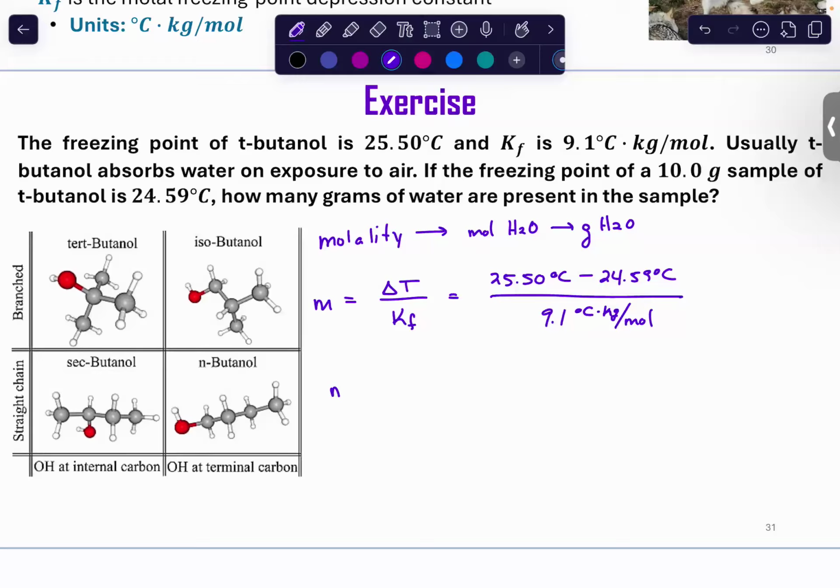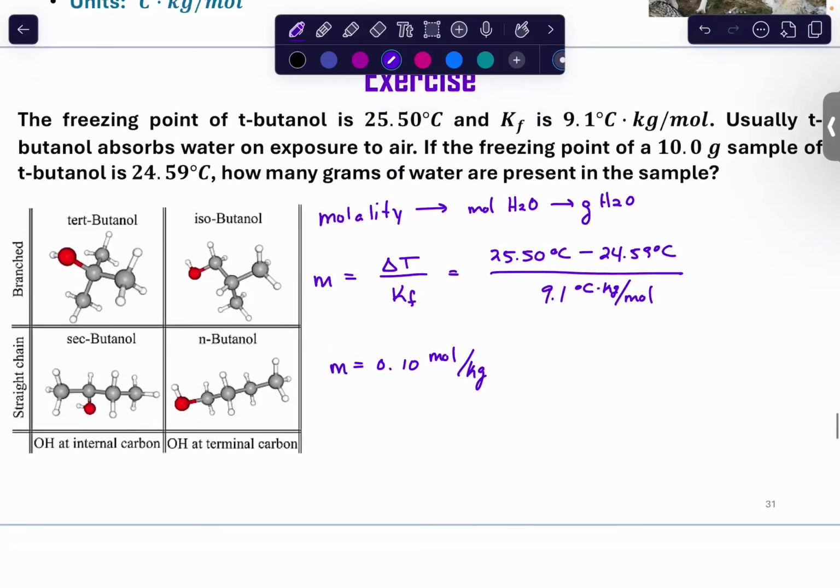All right. Molality is going to be 0.10 moles of water per kilogram of T-butanol. Okay. Well, let's see, 10 grams of T-butanol.